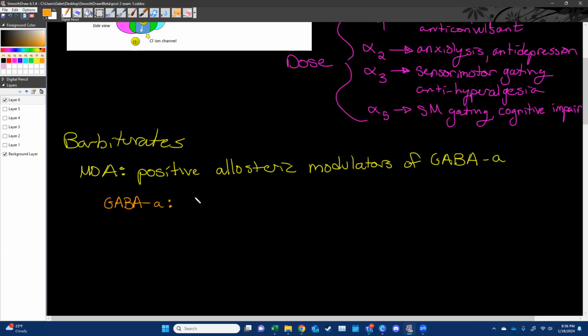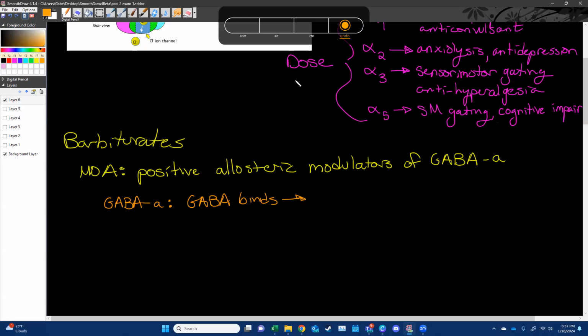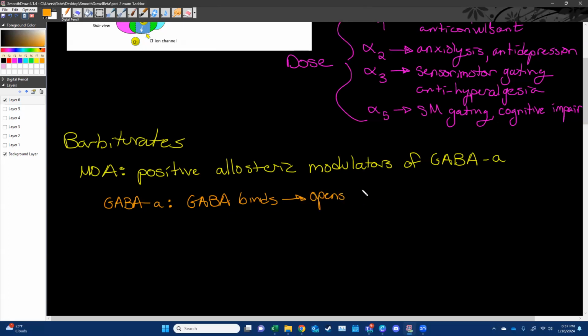So when GABA binds to the receptor, this opens the receptor, which is a chloride channel, leading to an influx of chloride into the cell. And this is going to cause hyperpolarization of the cell.